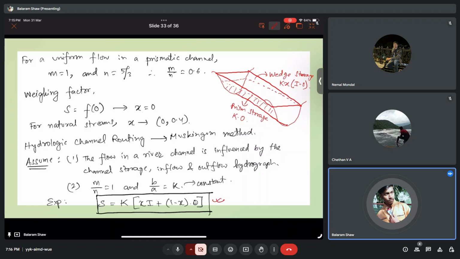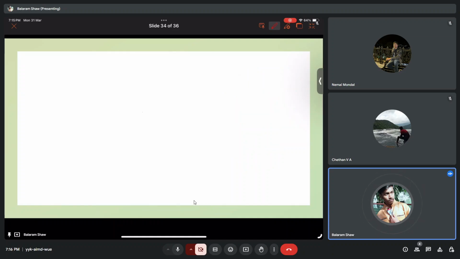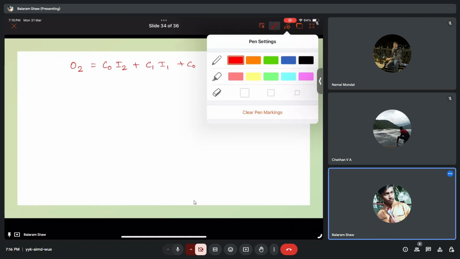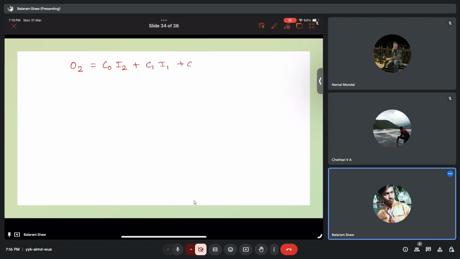If you consider the continuity equation that we have seen and the equation S equals k into [xI plus (1 minus x) O], the outflow equation that you will get is O2 equals C0 into I2 plus C1 into I1 plus C2 into O1.